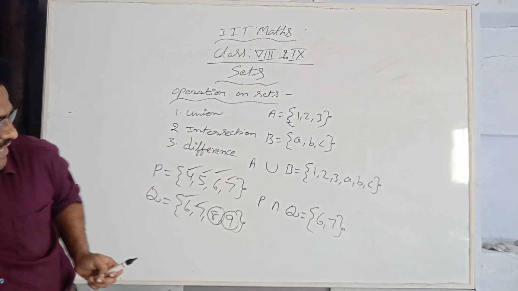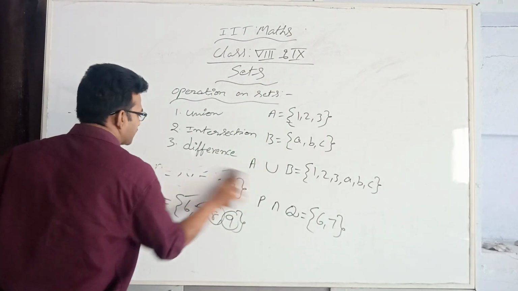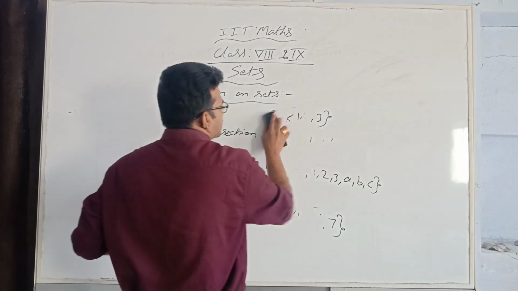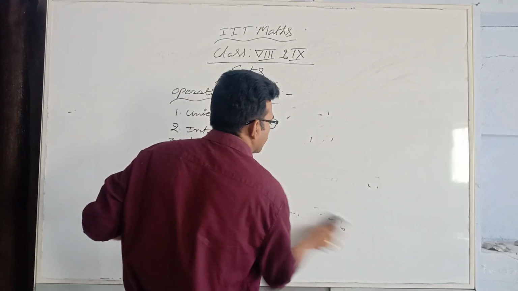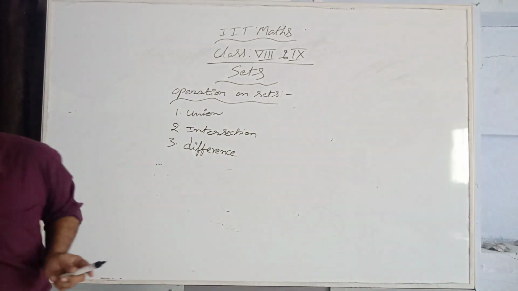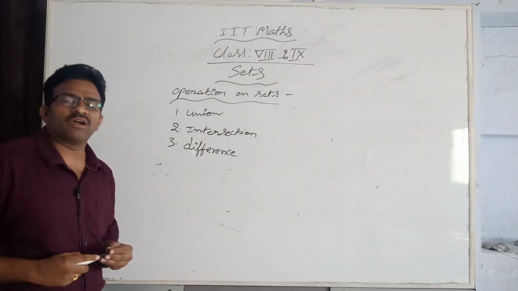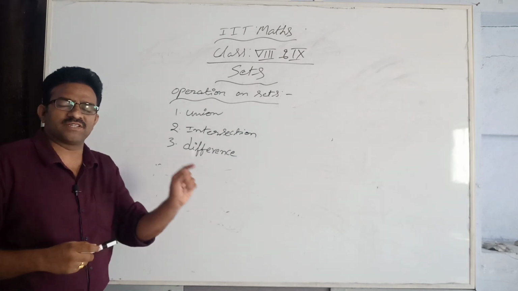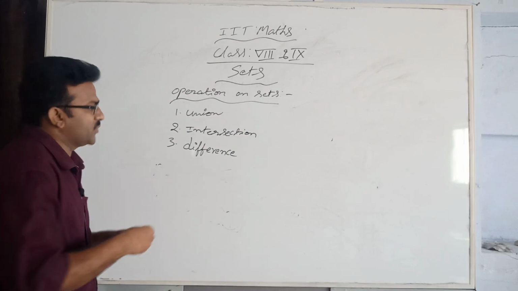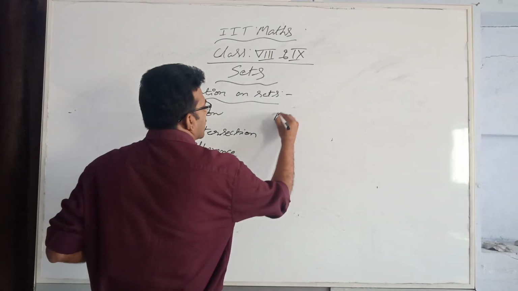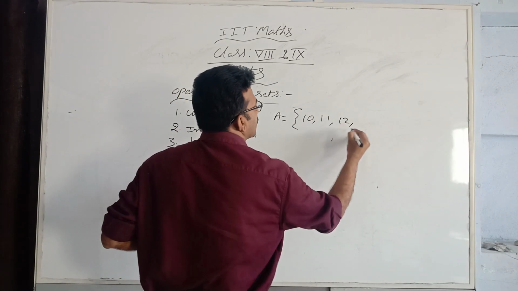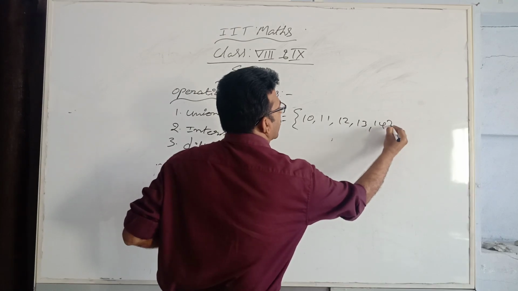Next, difference of the sets. If we consider any two non-empty sets, after removing common elements in a first set, the remaining elements of the first set is nothing but difference of the set. For example, let us consider set A 10, 11, 12, 13, 14.